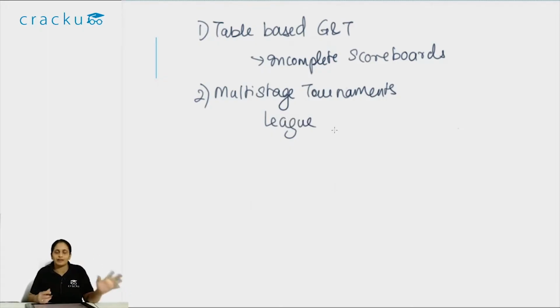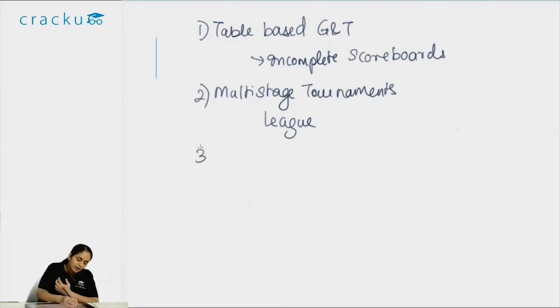In IPL one team plays all the other teams, and once you have played enough number of matches, then the top 4 teams then play quarterfinals, semi-finals and finals. Or top 8 teams or whatever. So you pass on to the knockout stages after you play the league stages. These are multi-stage tournaments because there are two different stages of the tournament. There's the league stage and there's the knockout stage.